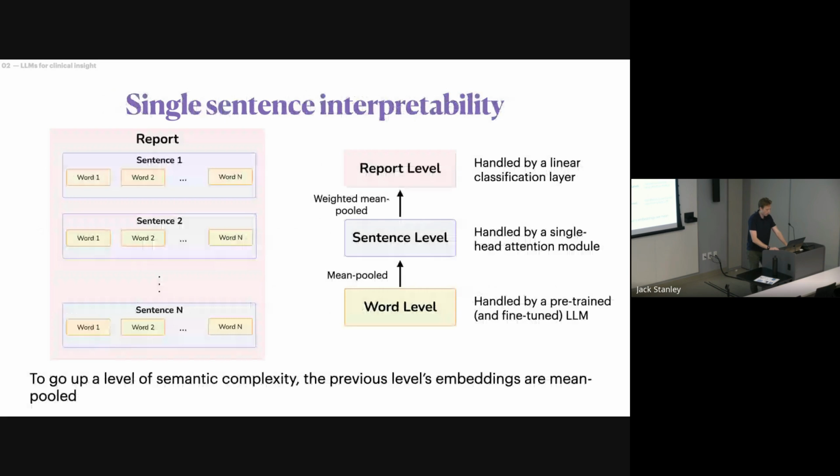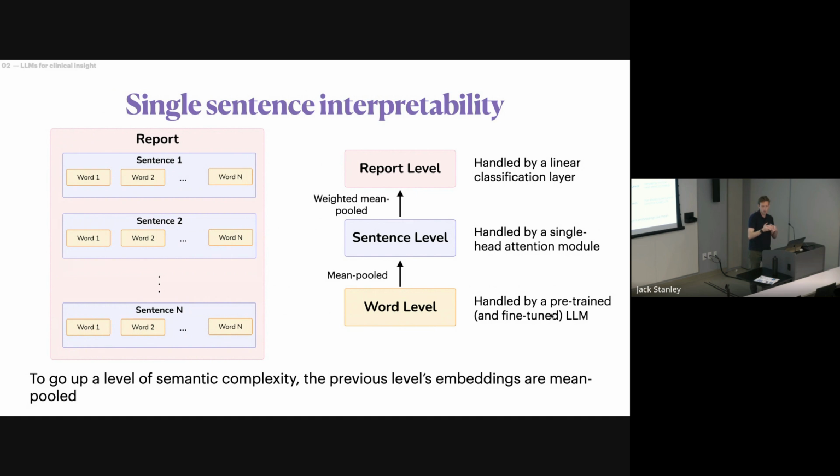So this is a very high-level overview of our modeling approach. Essentially, we'd start at the word level, and this is handled by our pre-trained and, of course, fine-tuned LLM. And then these are mean pooled into sentence embeddings, which are then, again, handled by a single-head attention module that I'll introduce on the next slide.